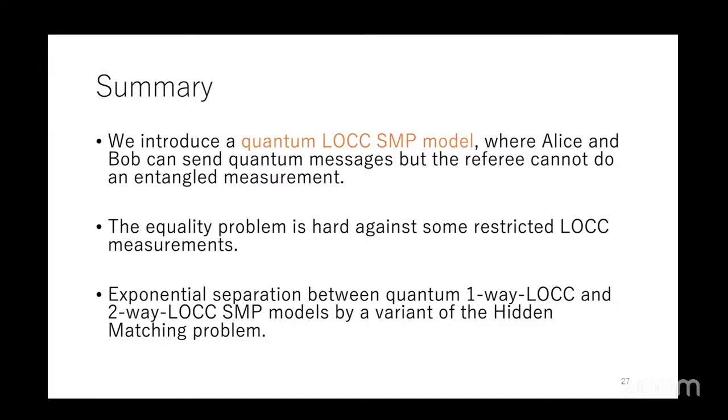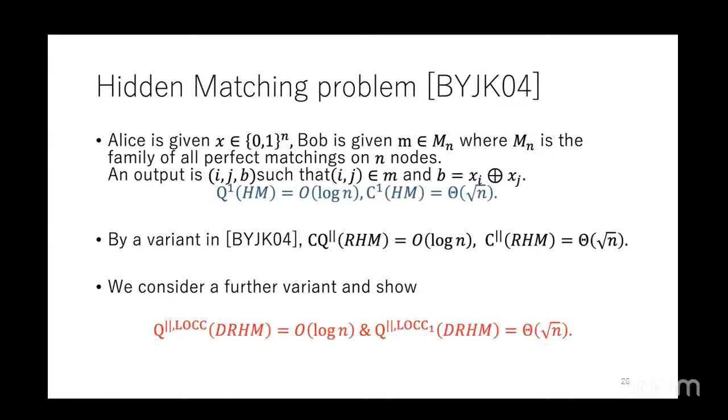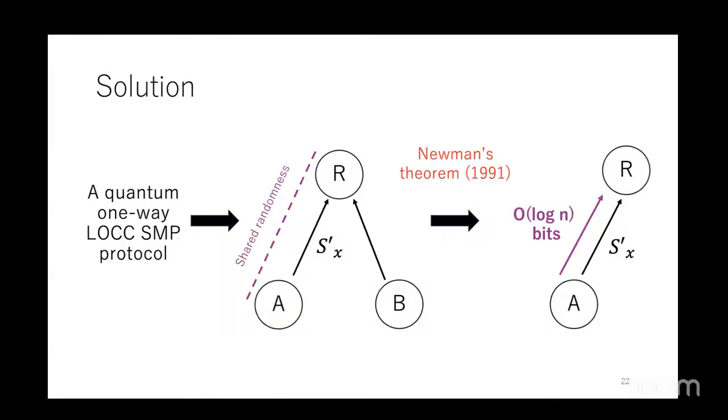But still this requires some log n or some quantity, no? In this strategy, we consider shared randomness between Alice and the referee, not Alice and Bob. Alice and referee? Yeah, so the setting is different.